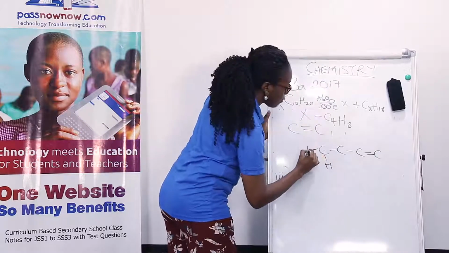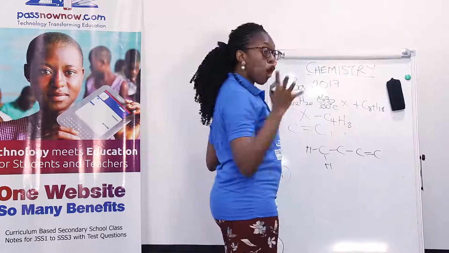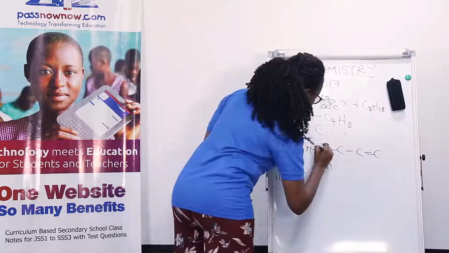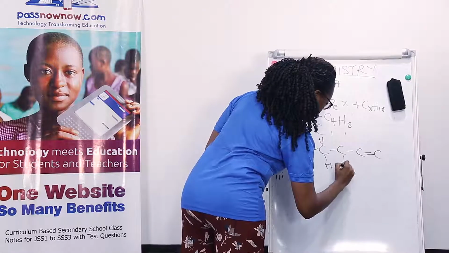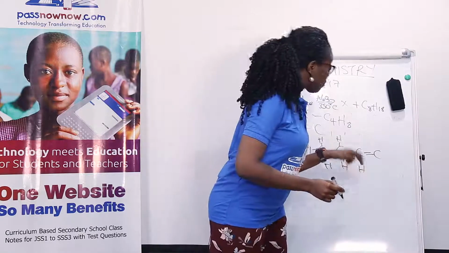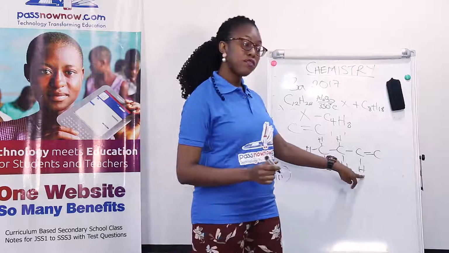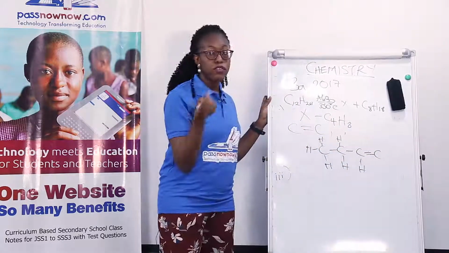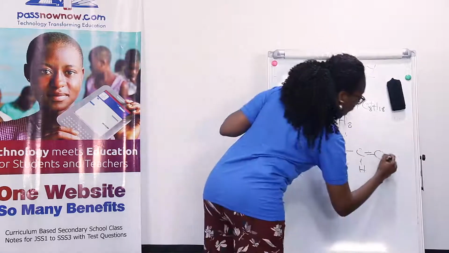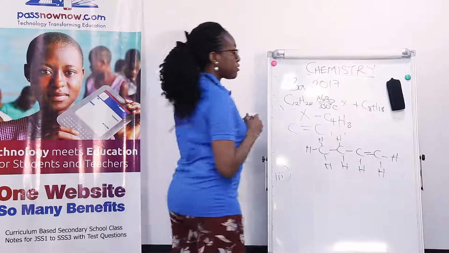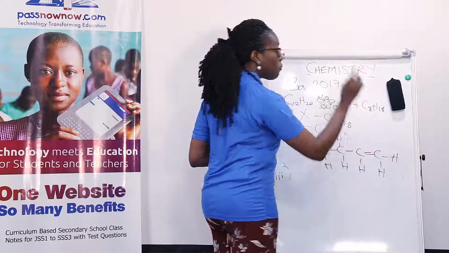Each carbon atom is supposed to be attached to 4 bonds. Now, this particular carbon has just 1 hydrogen atom. Why? Because we have 1, 2, 3, 4. It has 4 bonds, so it's complete. For this, it will have 2 hydrogen atoms attached to it. And after counting, we have 1, 2, 3, 4 bonds.